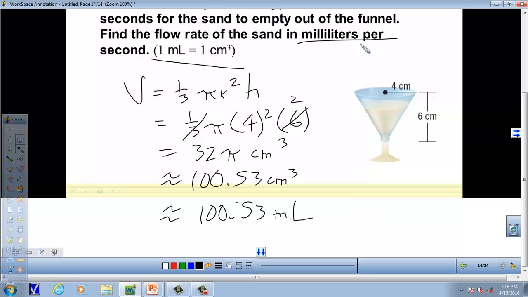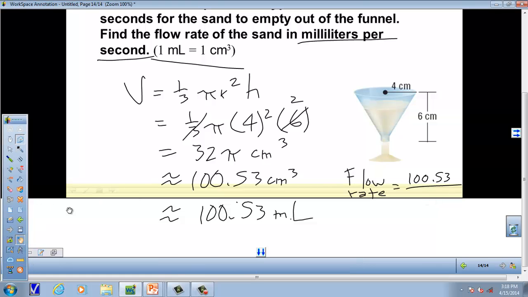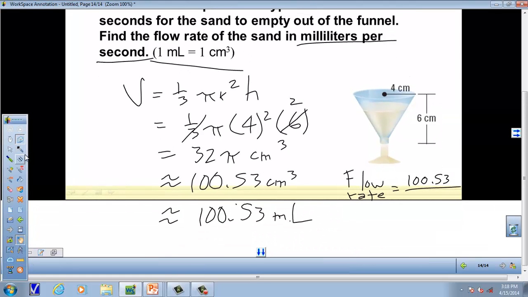So if we're doing milliliters per second, for the flow rate we would take that 100.53, which is milliliters, and divide it by 2.8 seconds. That gives us milliliters per second.